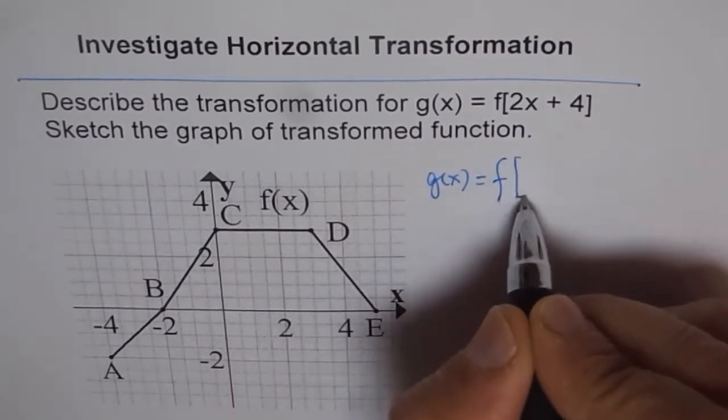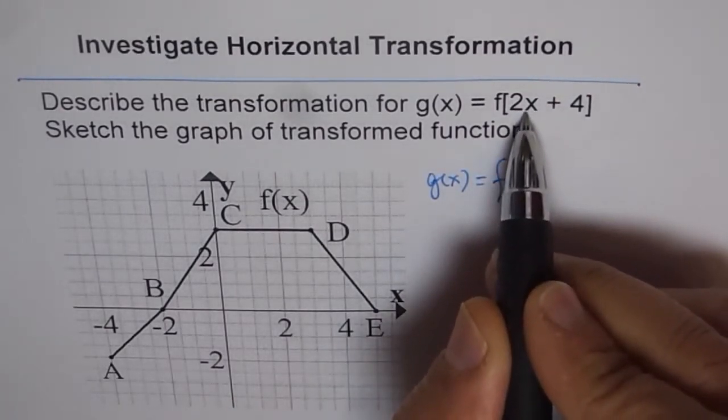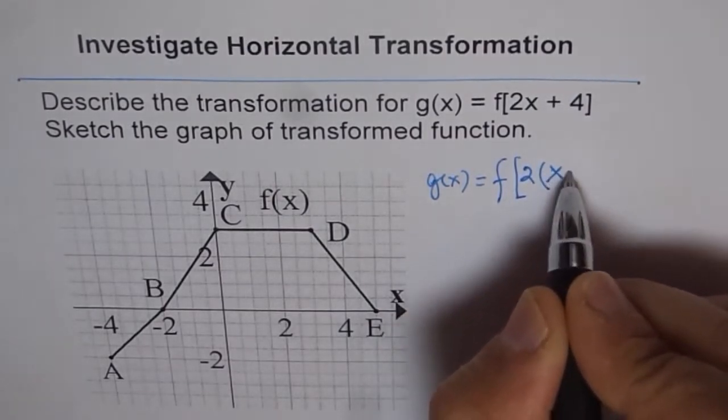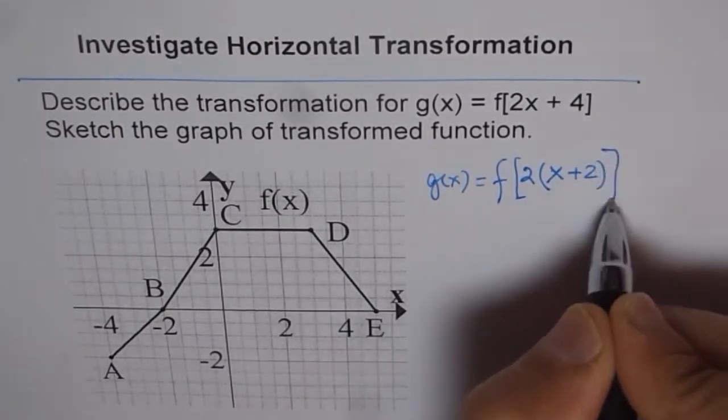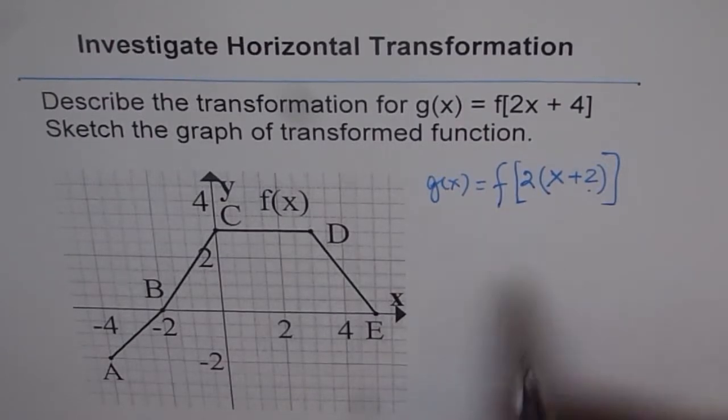It is f of, within the function you need to factor out any coefficient of x. So it is 2, so you factor this out. When you factor this out, you get x plus 2 here. So that shows 2 units left, not 4. This is a big mistake which I have seen so many times, and this is what I want to highlight here.